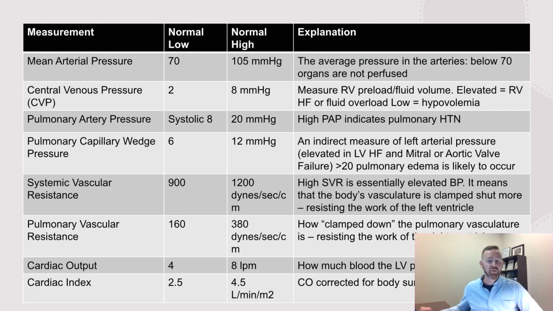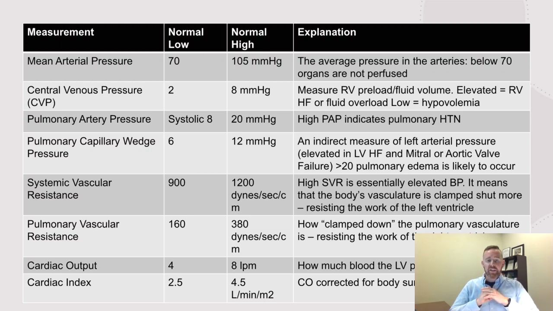Anything greater than 20 in your wedge pressure, very likely that you're going to have some pulmonary edema occur because the pressure is so high that it makes those capillaries leaky across that pulmonary capillary alveolar membrane, right? So you're going to have some pulmonary edema develop.